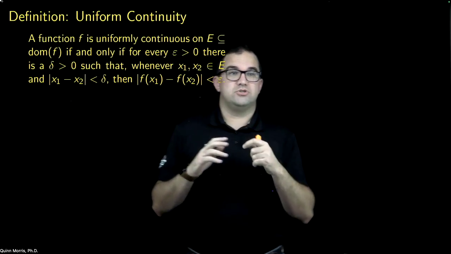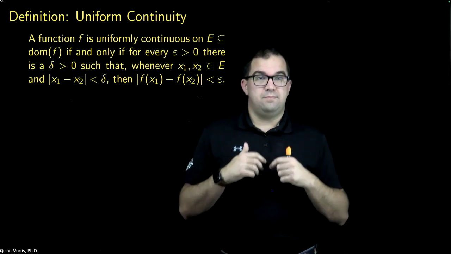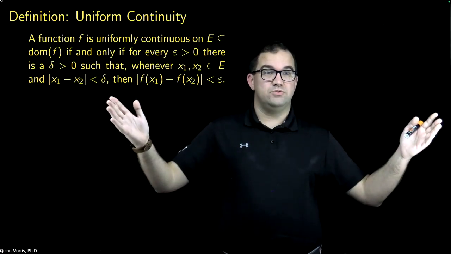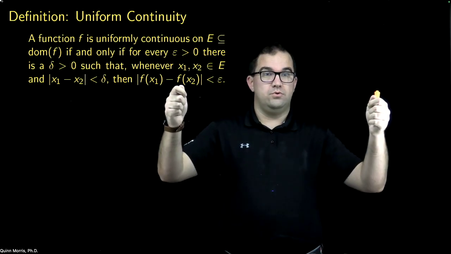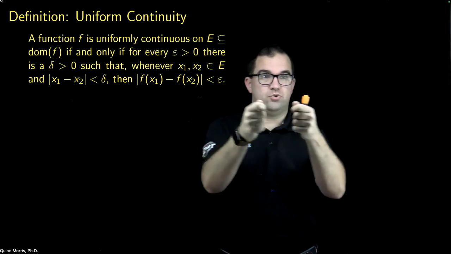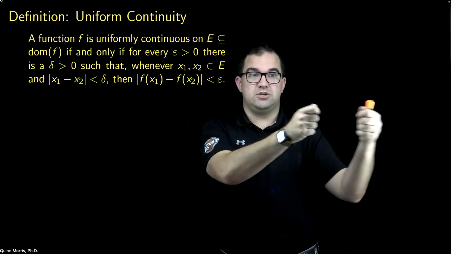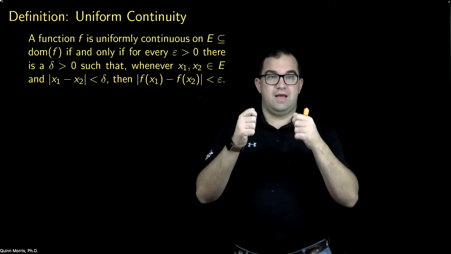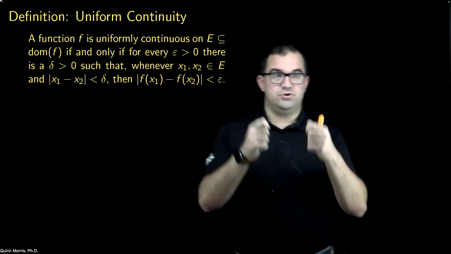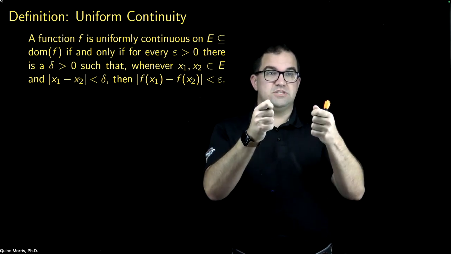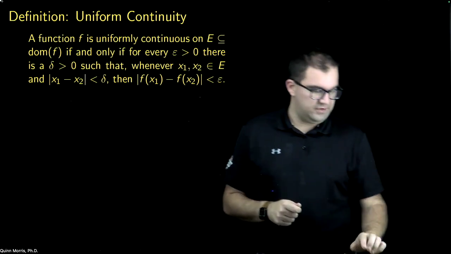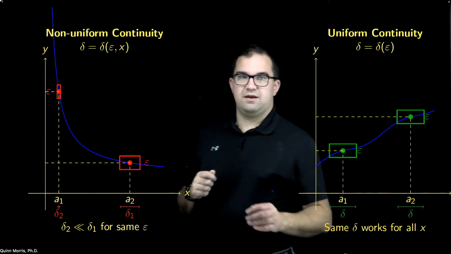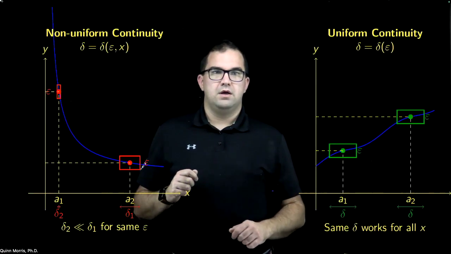But now, for every epsilon, you need to be able to pick a delta such that if you take any 2 x values in this set, x1 and x2, as long as they're within delta of each other, then the absolute value of f of x1 minus f of x2, the difference in their outputs, ought to be within epsilon of each other. To help make sense of this distinction, I've got a little visual here.